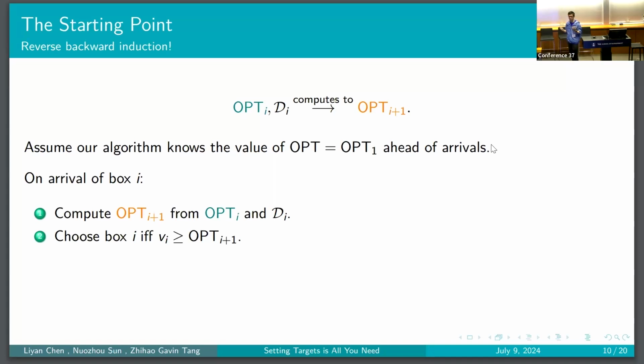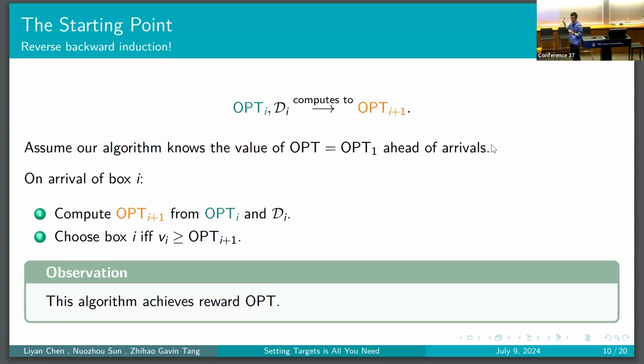And then we will choose the box and leave if and only if the exact value inside the box is greater than opt-i+1. And we claim that this algorithm achieves the same expected reward as the optimal algorithm. This is because this algorithm behaves completely the same as the optimal algorithm.